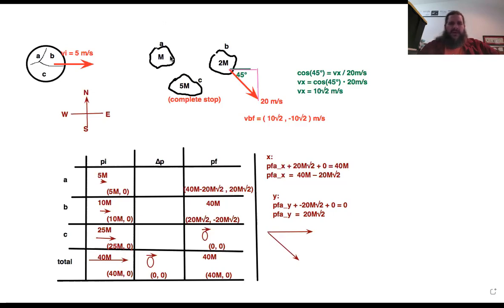So the only thing that would add up in this way would be this vector. We've got final momentum of object B plus final momentum of object A adds up to the total final momentum. So putting these back, there's the final momentum of object B, final momentum of object A, and final total momentum.